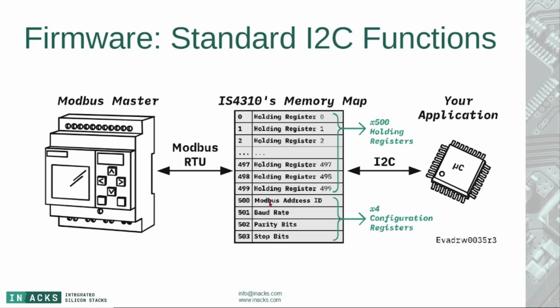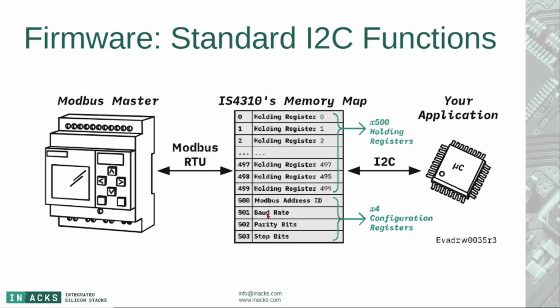And we have those 4 special registers over here. This is the Modbus address of your device. If you write here a 10, the Modbus Master must address the Modbus Slave 10, which will be you. Remember that in the Modbus bus, there can be lots of slaves. So this is how you make yourself unique from the rest of the slaves, the Modbus address.